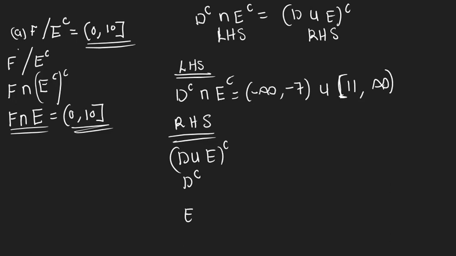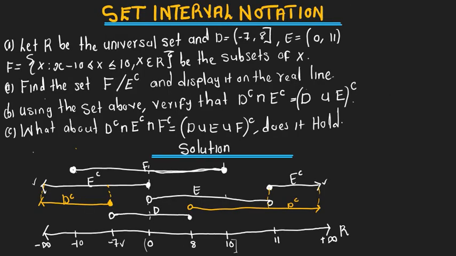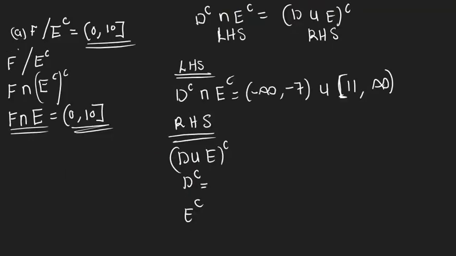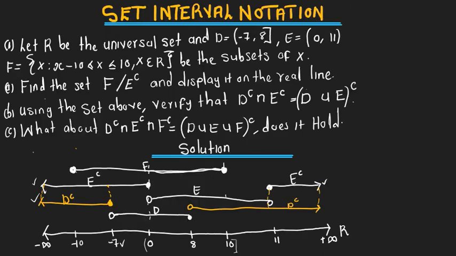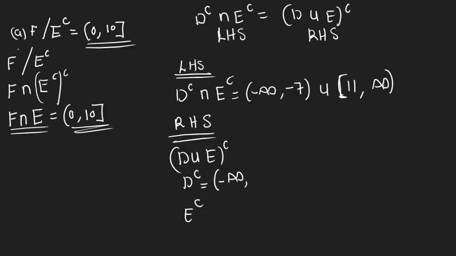Okay, like that. We can use the union. We see what's going to happen. Okay, so D complement, what is D complement? D complement is a set which is coming from negative infinity. It's here, a set which is coming from negative infinity, and then this set, we have been told that it's going all the way to negative 7.